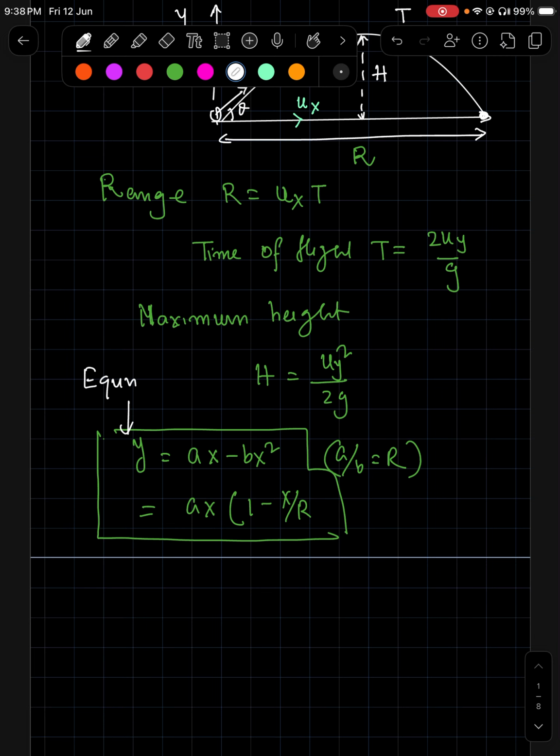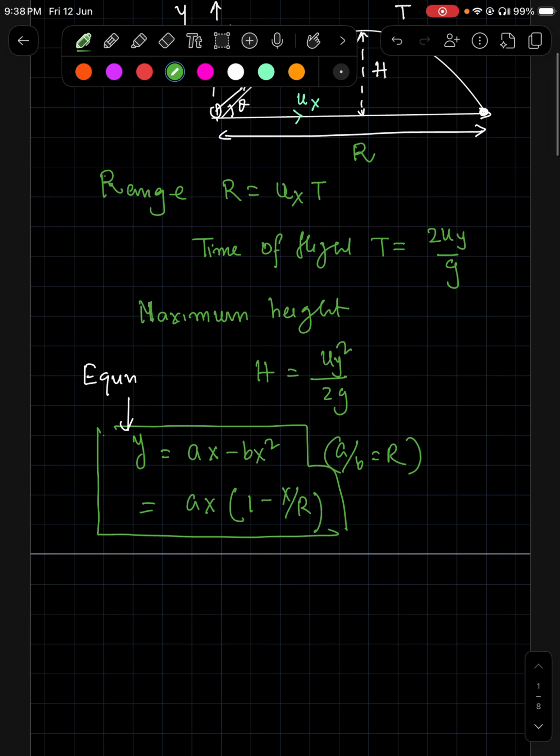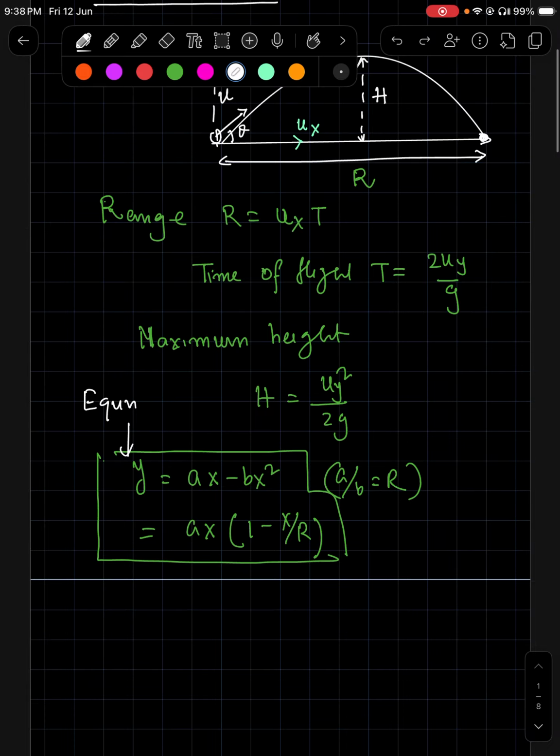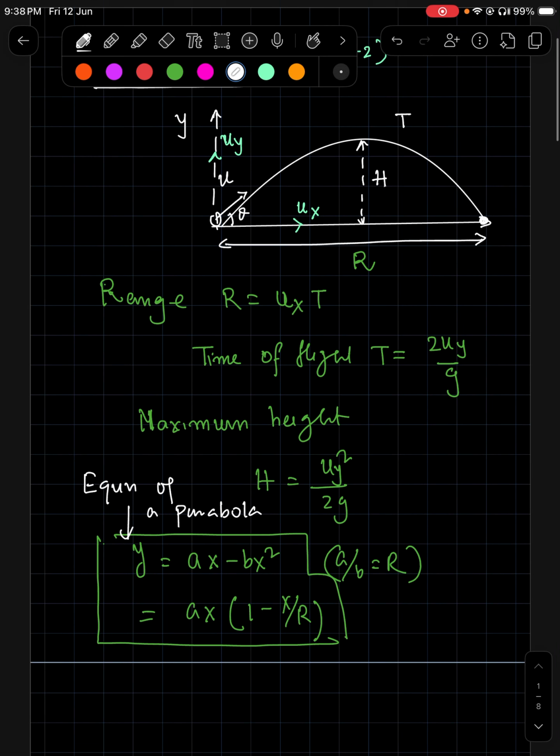This is the general equation of a parabola. So the trajectory is a parabola.